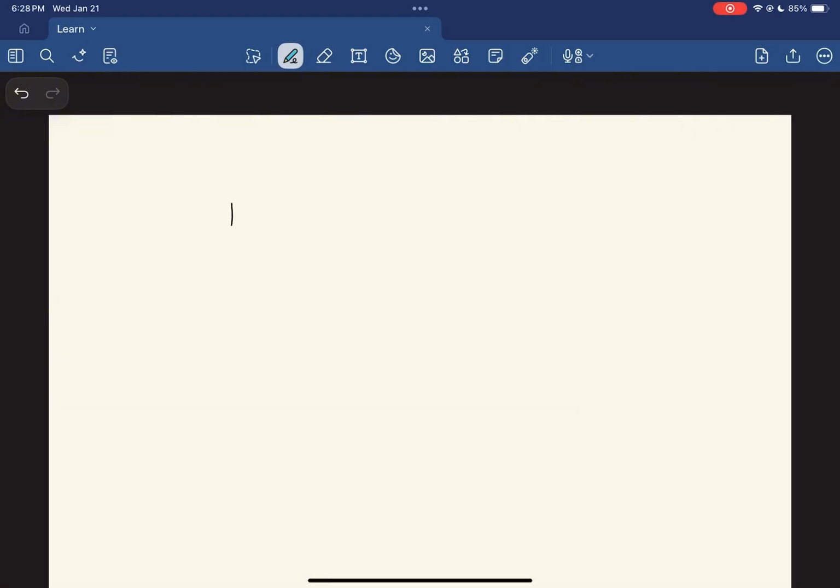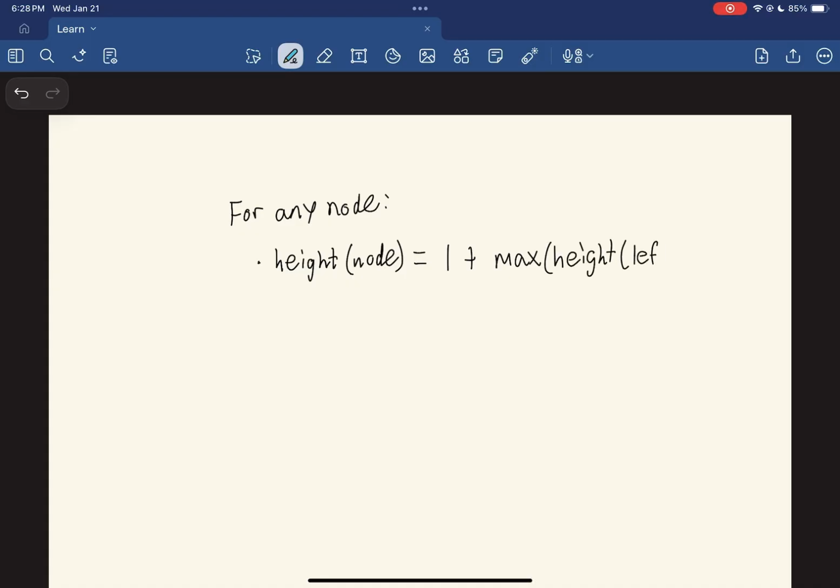Okay, so just the idea of the height and balance factor. For any node, the height of the node is going to be equal to 1 plus the max of the height of left or right. So let's say the height of the left is 2, while the height of the right is 3.